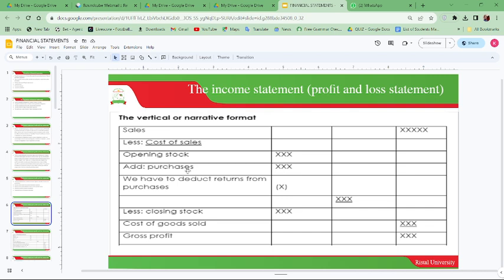So the returns outwards, you subtract the returns from the purchases.